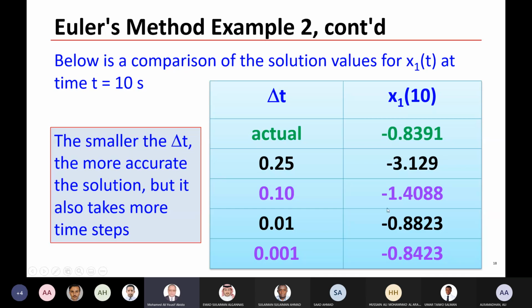For 0.1, again, numerically unstable, when the solution is bounded by plus minus 1. If 0.01, you get minus 0.88, which is very close to this. And even if you reduce delta t to 0.001, you end up with minus 0.84, approximately. So you almost get the exact solution, but at a small time step.